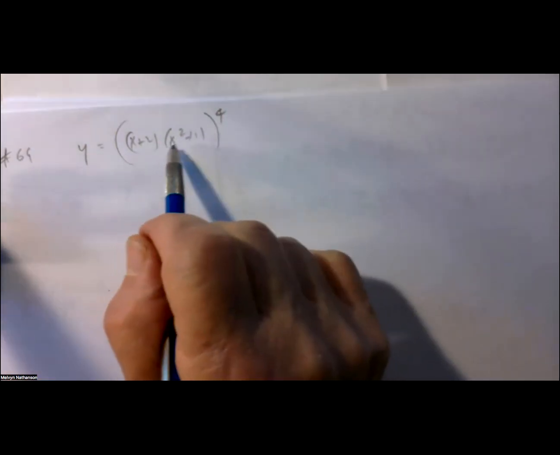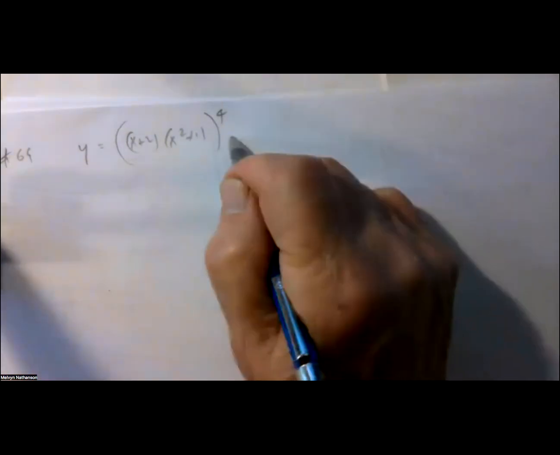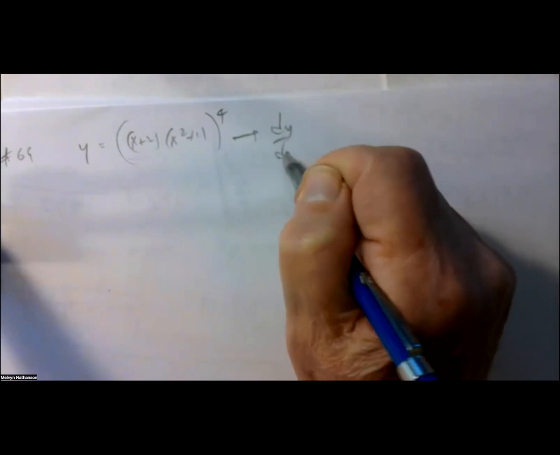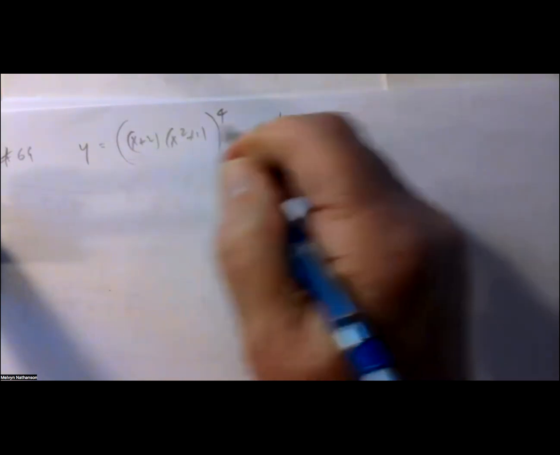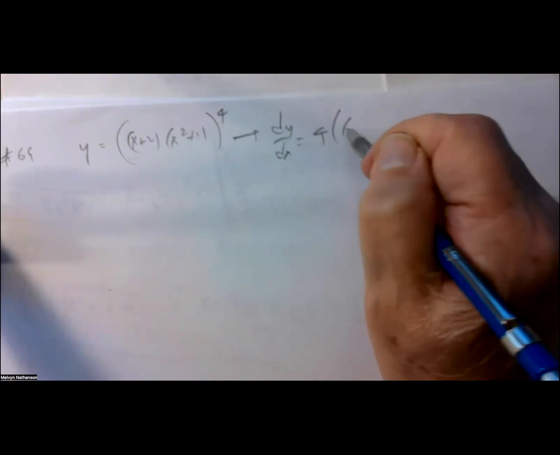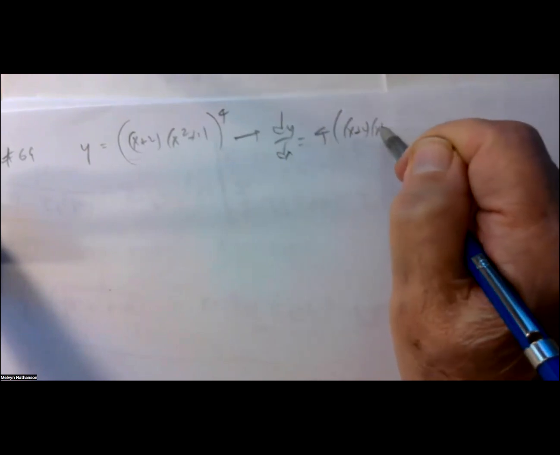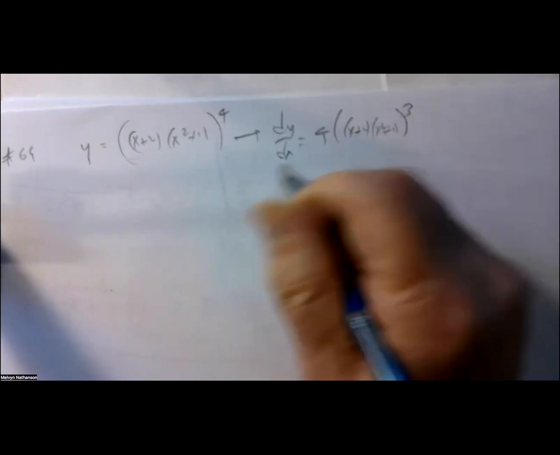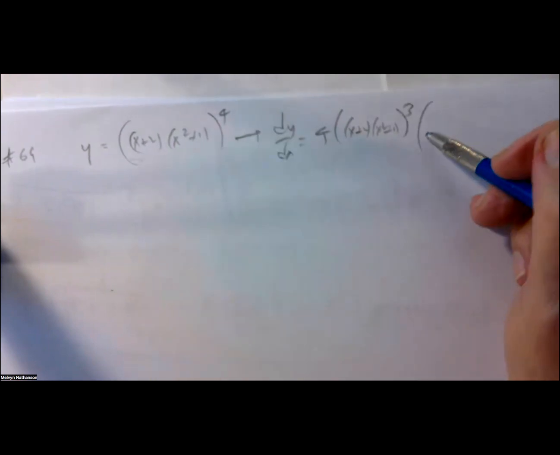So this is a composite of this thing raised to the fourth power. So the derivative dy dx will be 4, this raised to the power 3, times the derivative of this product.